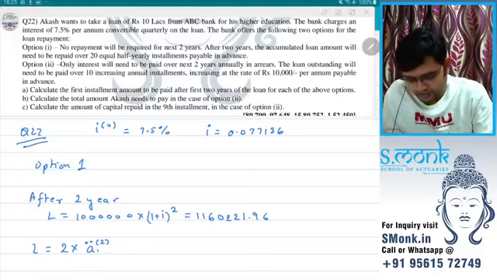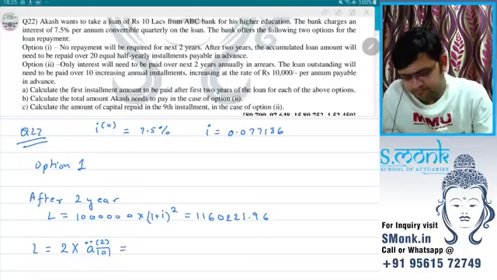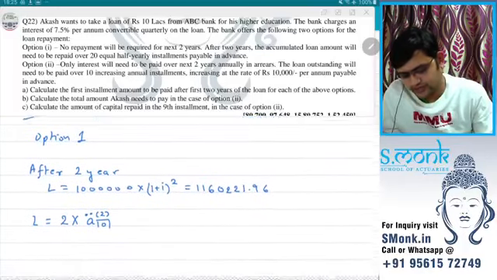We are talking about 10 years. So let's calculate our x value.